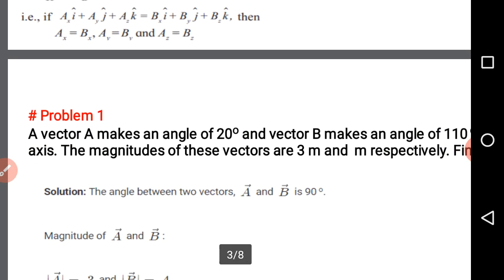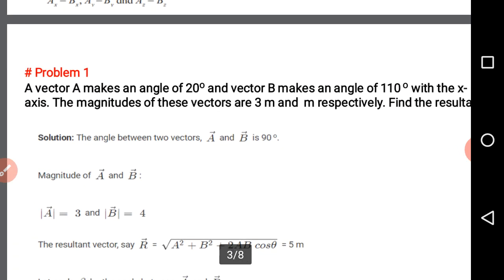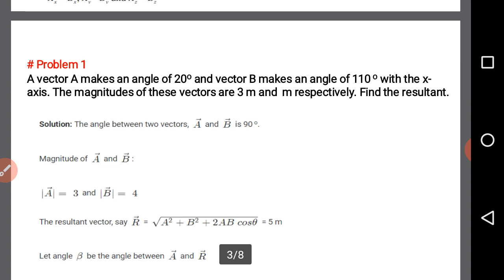Okay, now let us deal with some problems related to vector analysis. Our first problem: vector A makes an angle of 20 degrees and vector B makes an angle of 110 degrees with the x-axis.